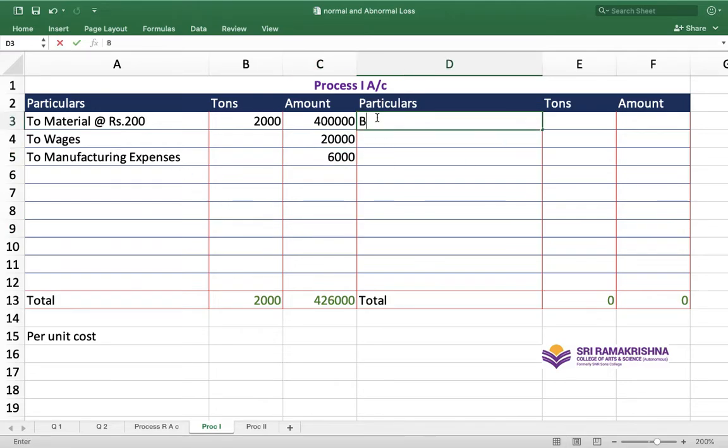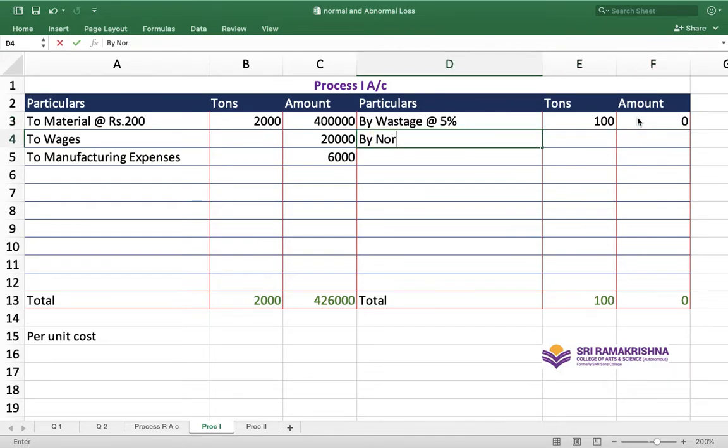It was expected that there will be a wastage of 5%. So 2000 into 5%, wastage is 100 tons and it doesn't have a value.